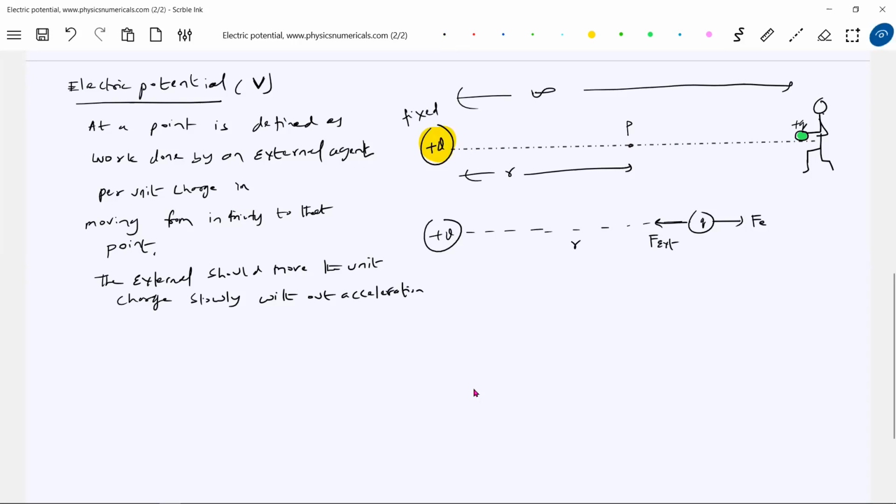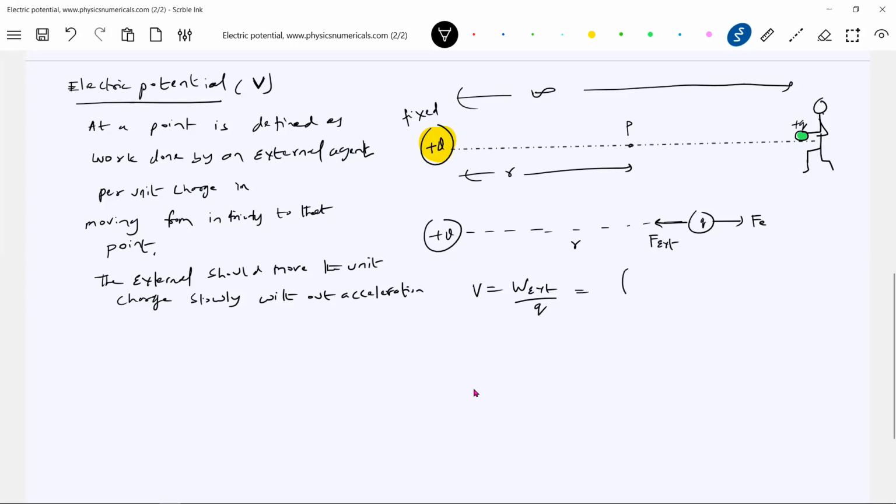You have to shift this charge slowly from infinity to this particular point, so you should do work against this electrostatic force. So now, what is the definition? Work done by the external agent per unit charge.